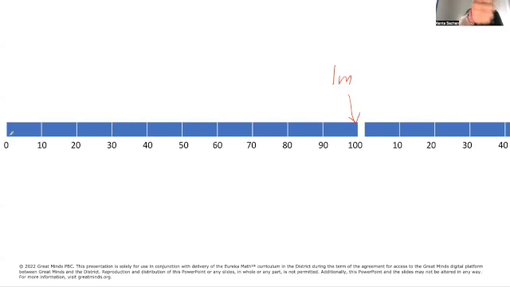Let's keep going. 70 centimeters. And we're going down. 60 centimeters. Very good. Up. 70 centimeters. 80 centimeters. 90 centimeters. We're going to go down. 80 centimeters. 90 centimeters. Okay.